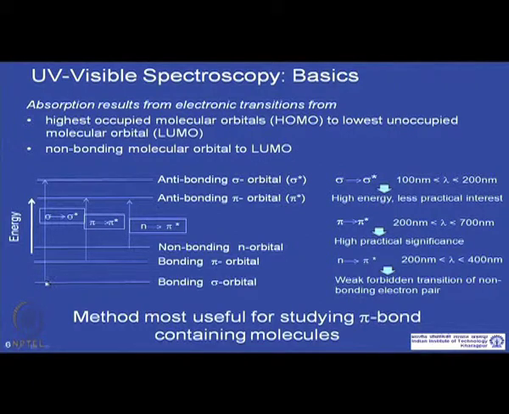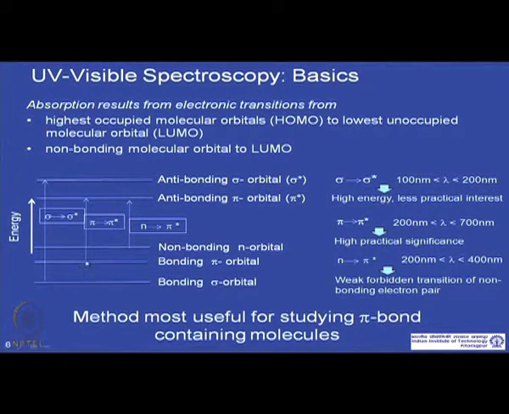For molecules which have mainly sigma orbitals, the HOMO-LUMO transition happens between sigma and sigma star, which is of quite high energy and not of much practical interest.